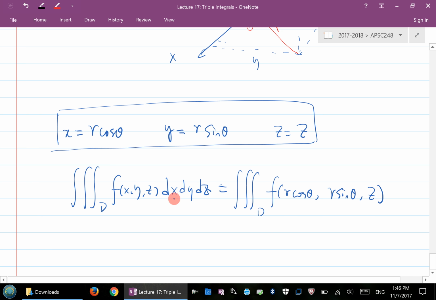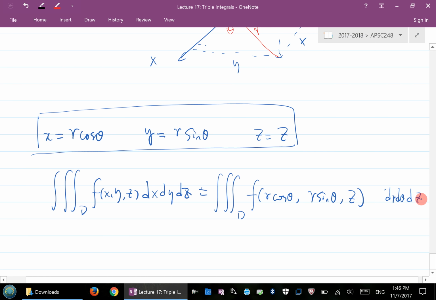This dx dy dz will also have to be changed. It's not going to be dx dy dz anymore. It's going to be in terms of dr, d theta, dz, right? But of course, the point here is, should we have something else out front to reflect this variable change?